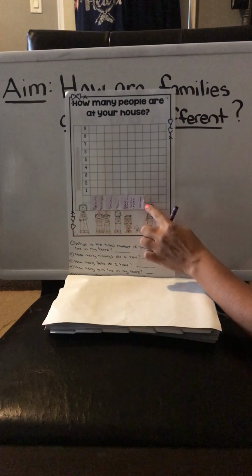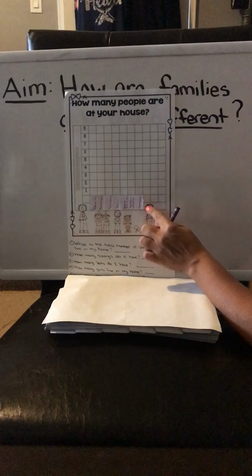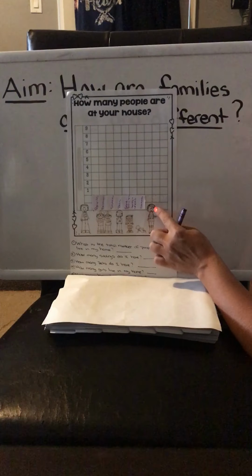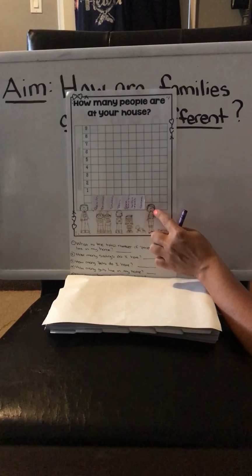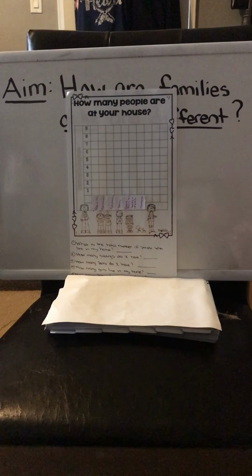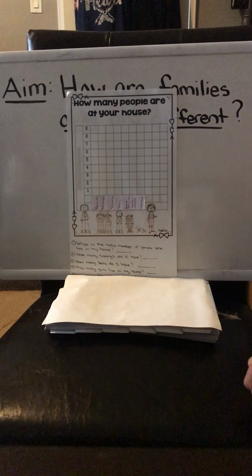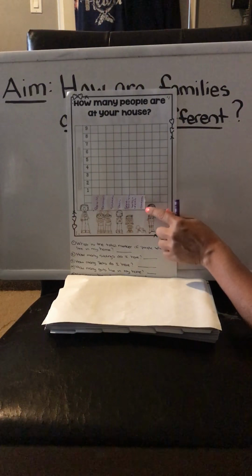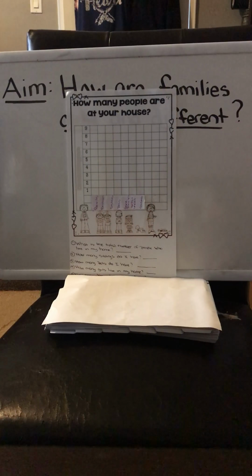Boys and girls, I also left 3 blank spaces because since our families are so diverse and so different, there might be other people living in your household as well. Let me tell you what I mean. For example, I have stepchildren, so I could put on this box that I have stepchildren and how many stepchildren live with me.